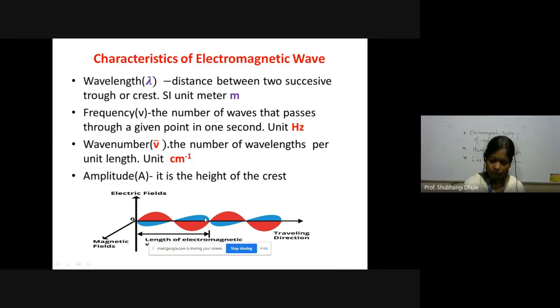This is electromagnetic radiation in the form of a wave, which is perpendicular to the two fields, the electric field and the magnetic field. That's why it is called an electromagnetic wave.